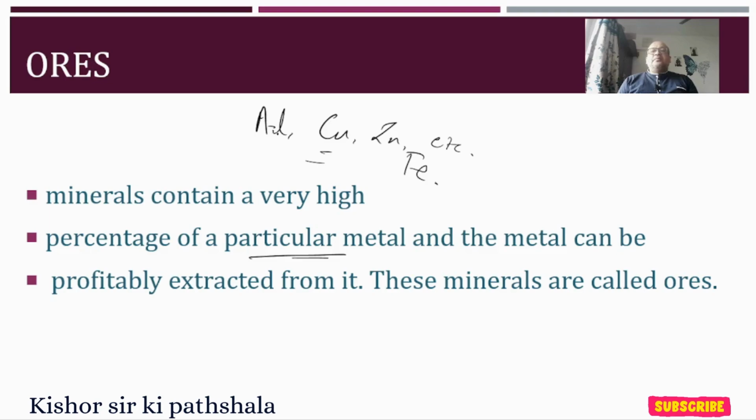They are available in mixture forms or compound forms. So minerals contain a very high percentage of a particular metal, and the metal can be profitably extracted from it. These minerals are called ores. Now we are going to see how these important metals are extracted from these ores.